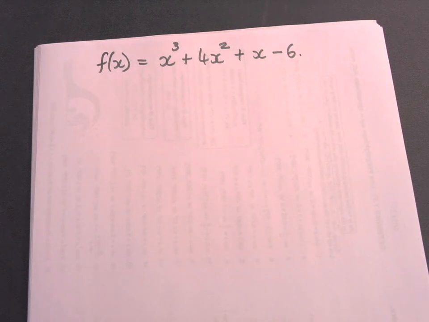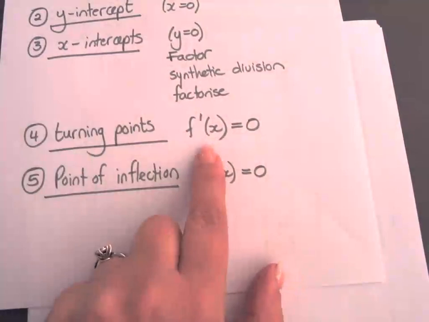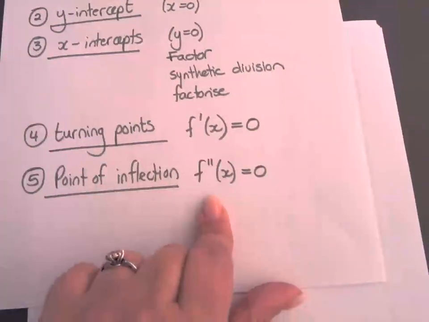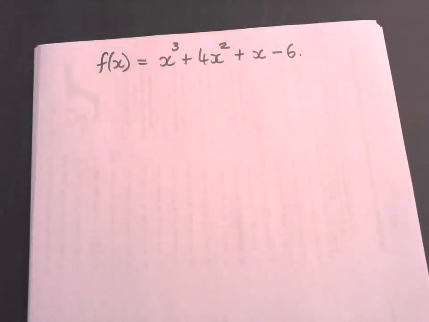The question is, draw the sketch. So we need to first get the form, then the y-intercept, then the x-intercepts, turning points and point of inflection. But we also need some little homework. We need to get the first derivative and the second derivative. So do that first. Let's do that now.